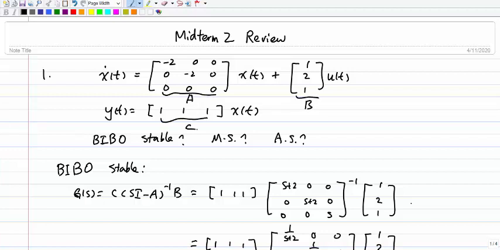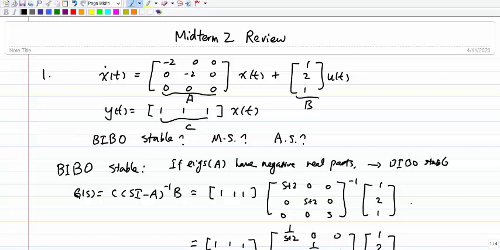Okay. So to check the BIBO stable, you can do two things. If all eigenvalues of A have negative real parts, then you can just say BIBO stable.